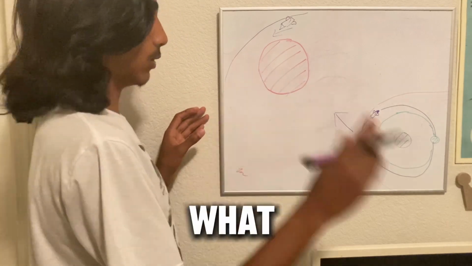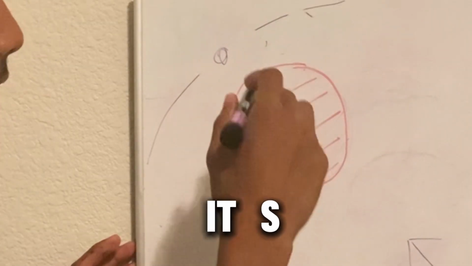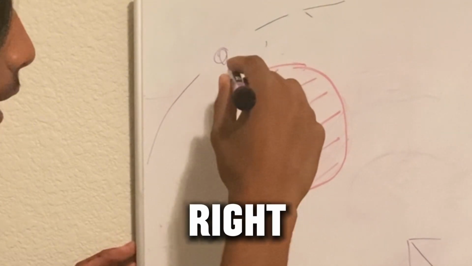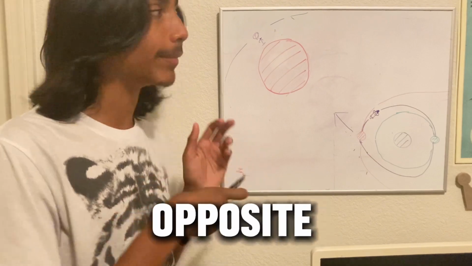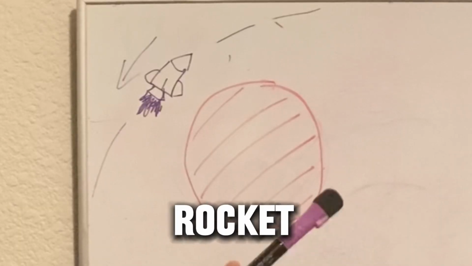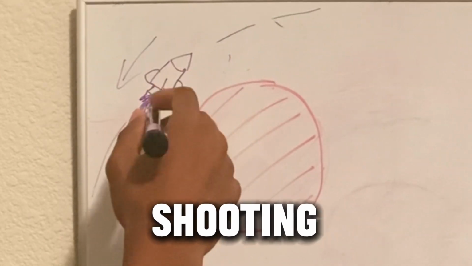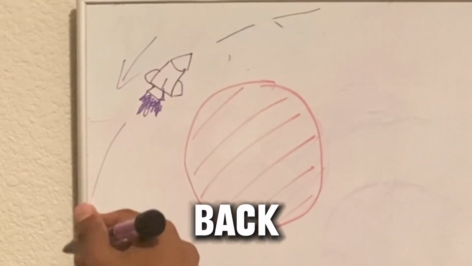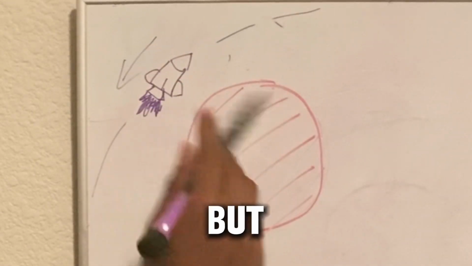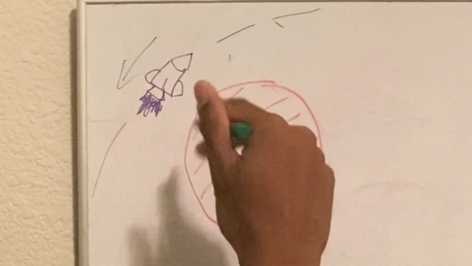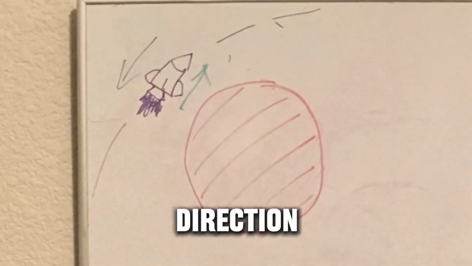Well, right here, when it's closest to Mars, that's when we're going to turn on our thrusters in the opposite direction we're facing. Our rocket turns around, does a 180, and starts pointing in that direction and shooting its thrusters back in the direction that it's going. It's moving in this direction, but its thrust is moving in this direction. It's accelerating in this direction, but it's moving in that direction.